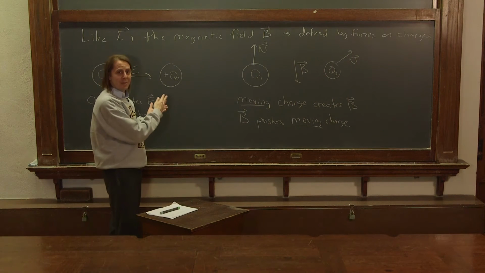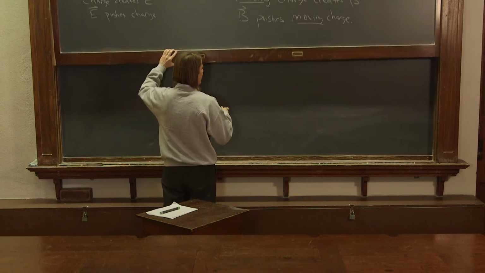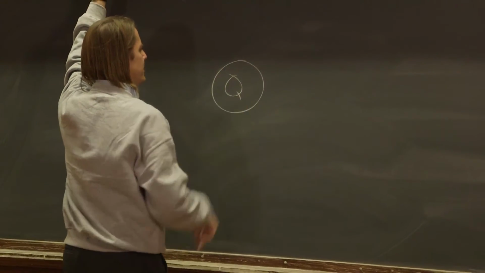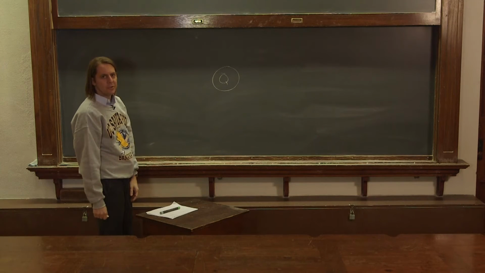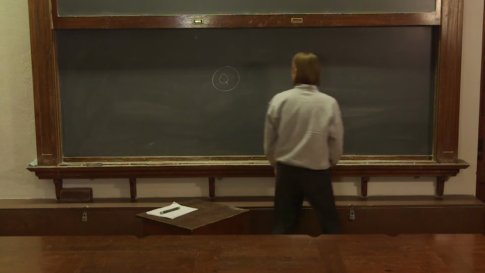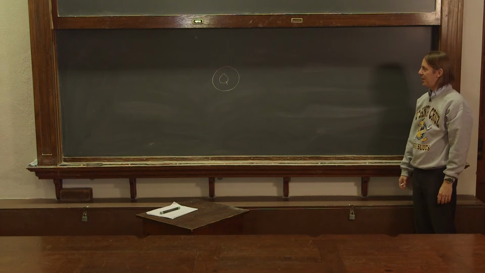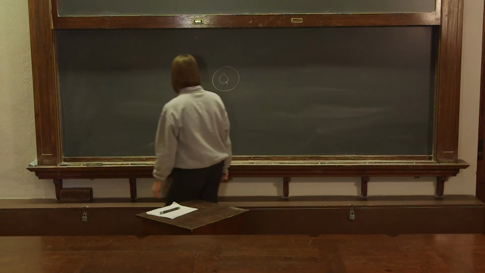He was really thinking about this, because if you think about what's happening here, if what I've said is true, then if we have a charge sitting here and I just sit here and look at it, it's creating an electric field and no magnetic field. But if I walk by it, I see that charge moving and I see a magnetic field. Then I stop and the magnetic field's gone. I just see an electric field again. But if I move, I kind of see both.